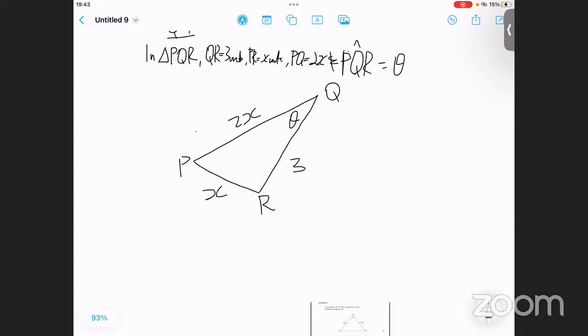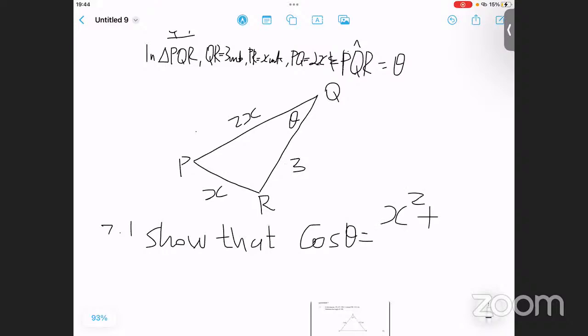So the first question, question 7.1, they say, show that cos of an angle is equal to (x squared plus 3) over 4x.